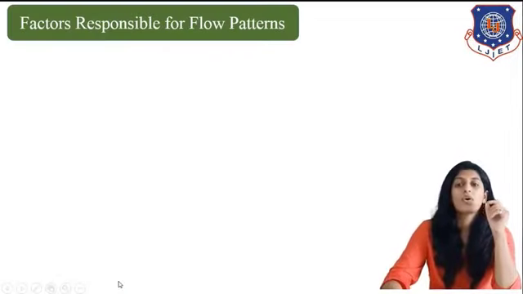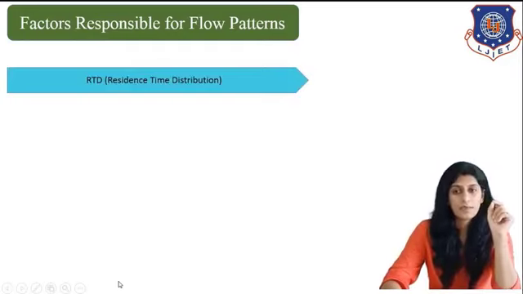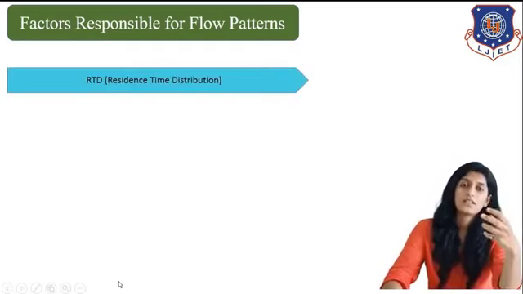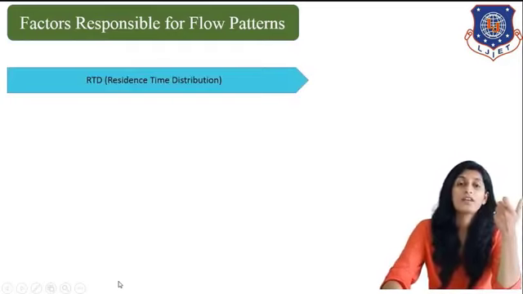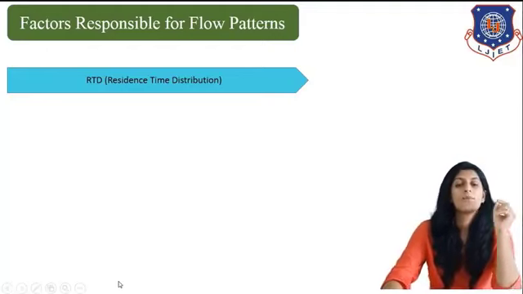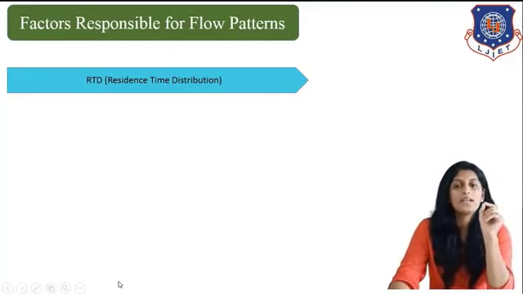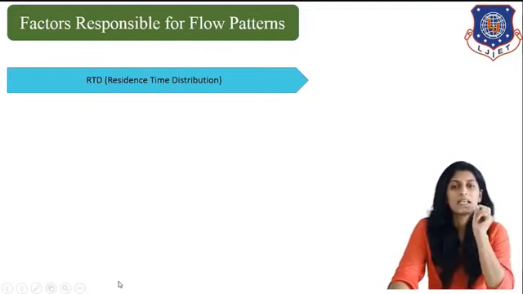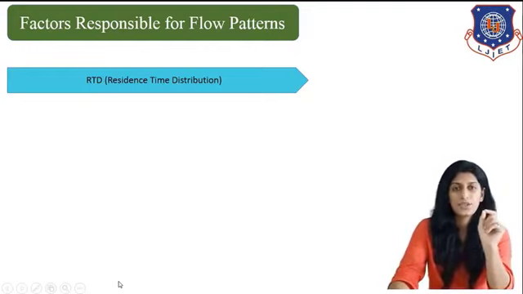So now coming to the factors which are responsible for forming flow patterns, right? The first parameter is RTD, which is known as residence time distribution.